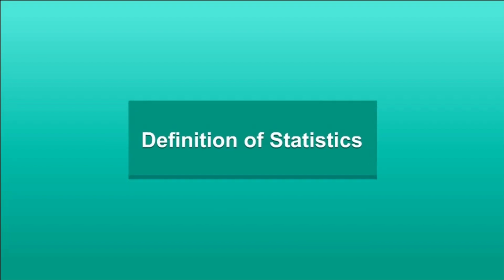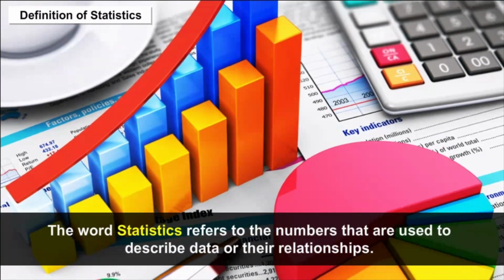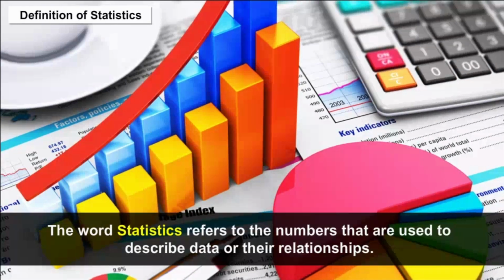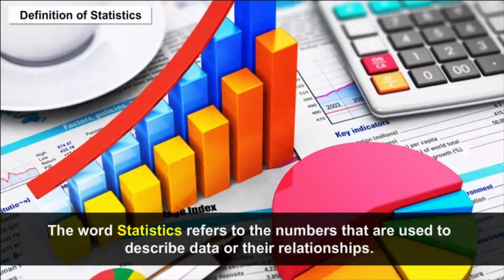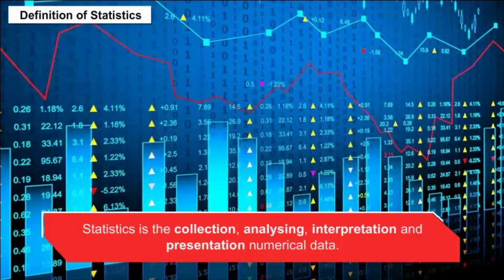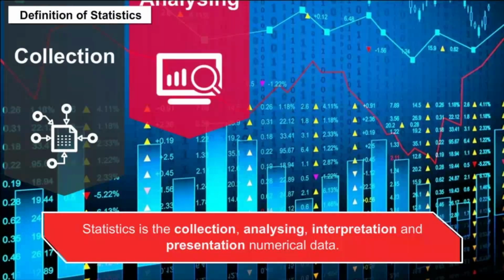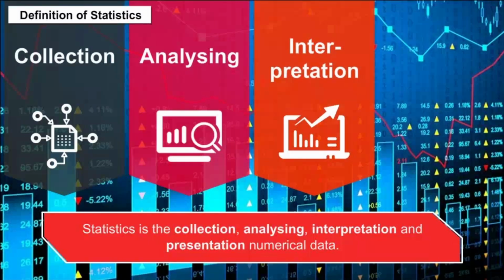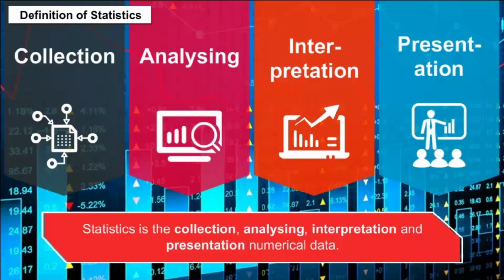Definition of statistics. The word statistics refers to the numbers that are used to describe data or their relationships. Statistics is the collection, analyzing, interpretation, and presentation of numerical data.